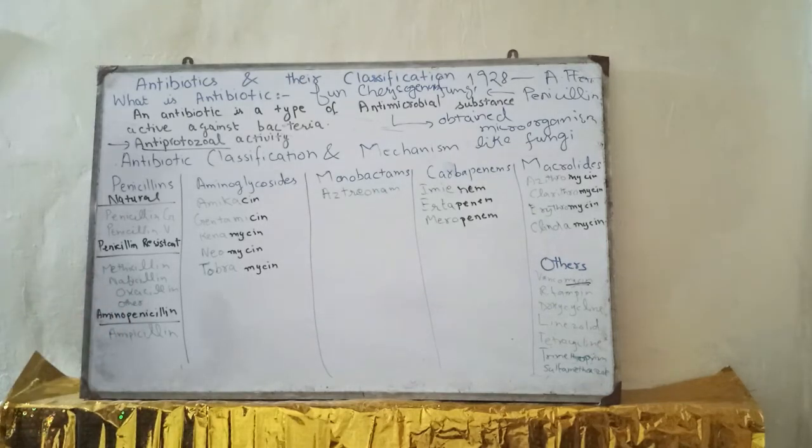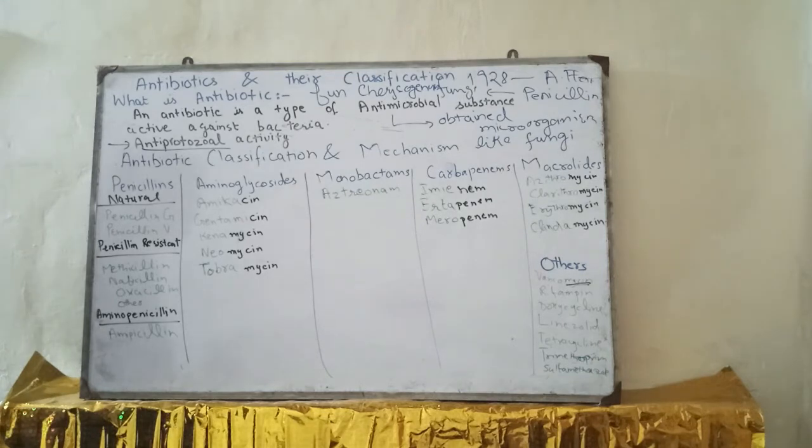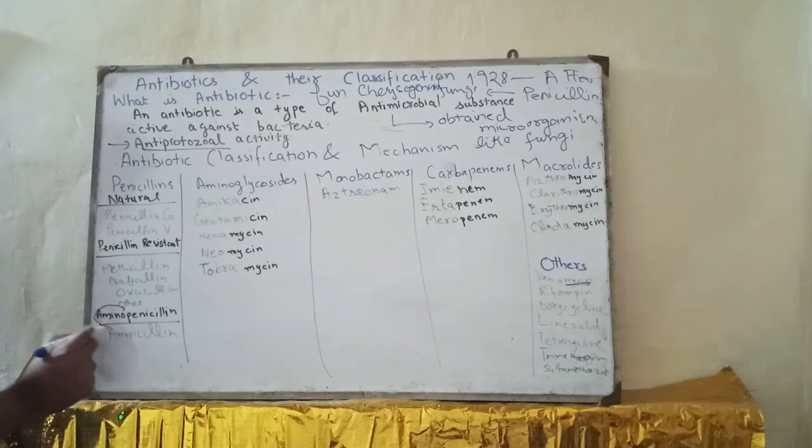Some of these drugs don't come in oral forms; they come in injection forms, such as intramuscular injections, because their dose is effective only intravenously or intramuscularly. In oral form, their bioavailability and effectiveness become very low. The third type is aminopenicillin. Aminopenicillins are those penicillins which have an amino group in them.